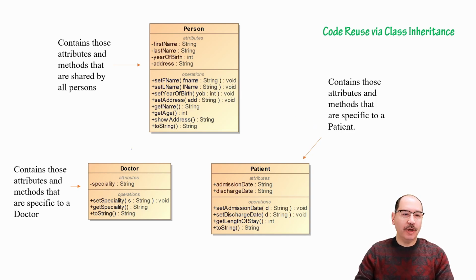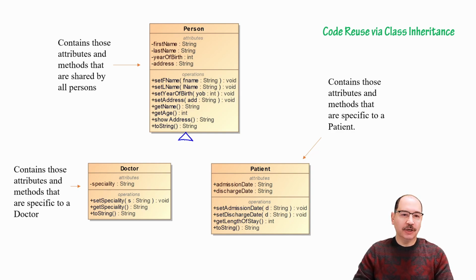Now, how can we inherit, or reuse, these four attributes of the class person inside the class doctor? How can we reuse these four fields of the person class inside the patient class? This is the purpose of inheritance. So the class doctor is going to inherit from the class person, and this is how we represent such inheritance using the UML notation.